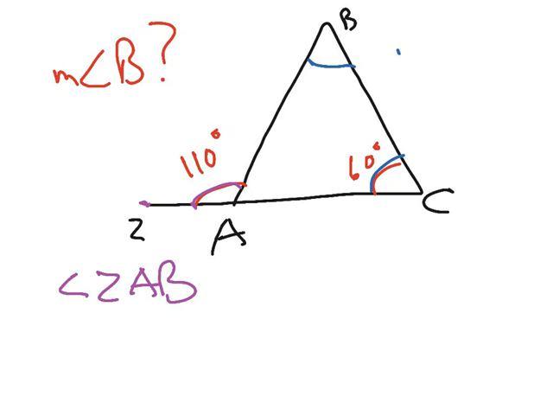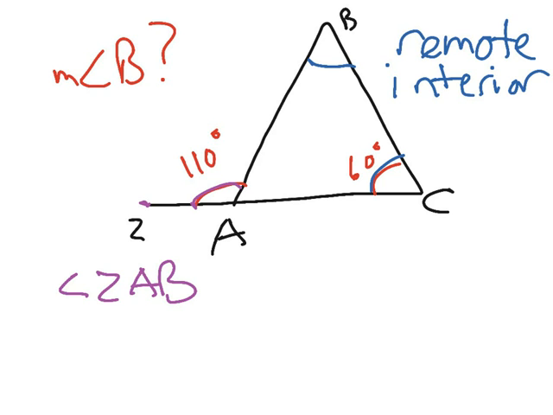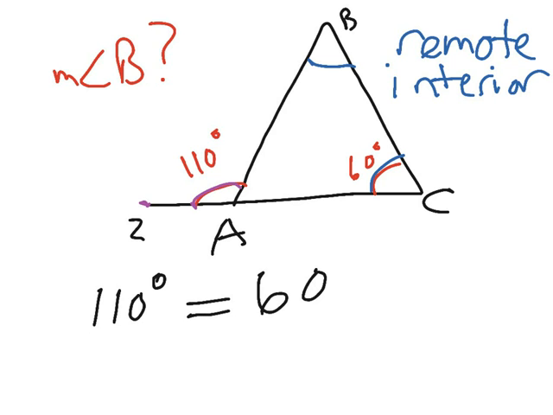The relationship is that the two remote interior angles added together always equal the measure of the exterior angle. So that means that 110 degrees has to equal the measure of angle C plus the measure of angle B.